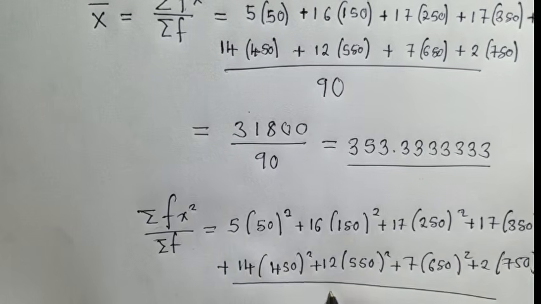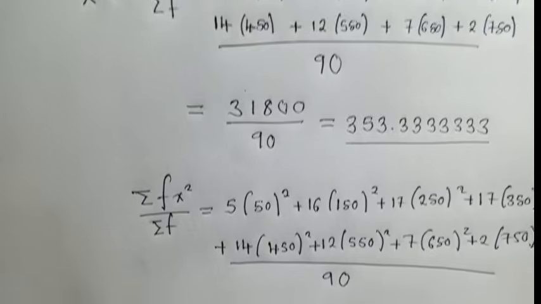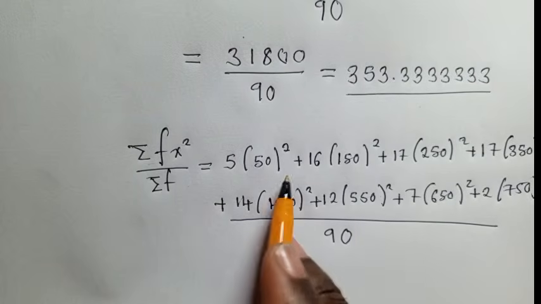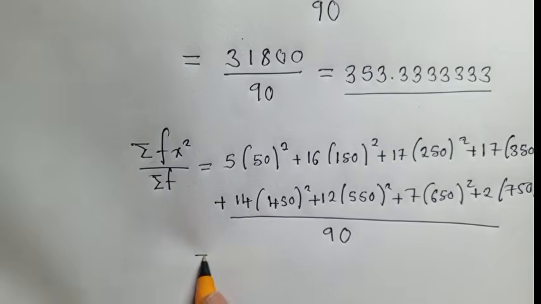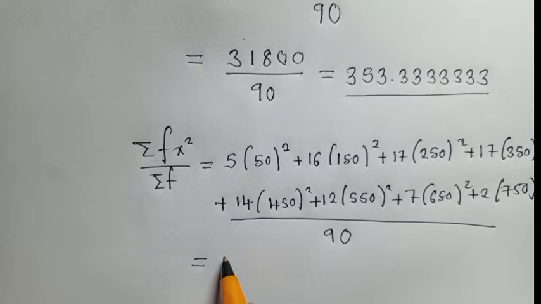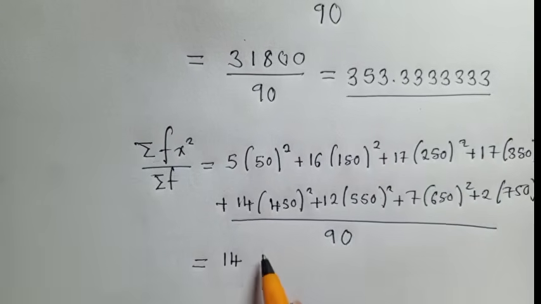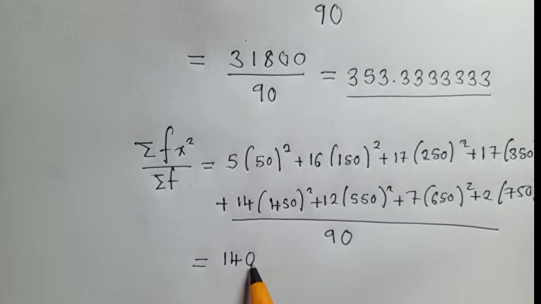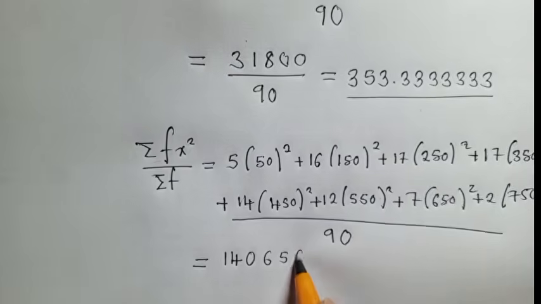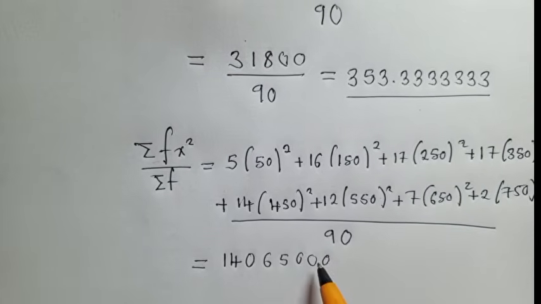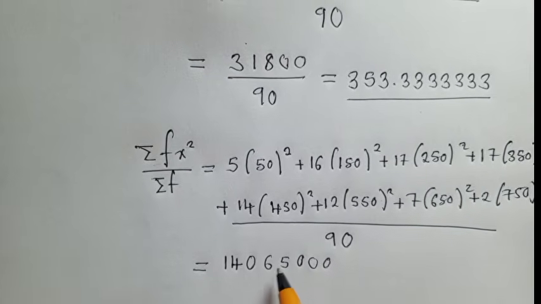Then we say everything divided by 90. So when we punch on our calculator like we did with the previous one, we are going to get this value. So we have 14065000, okay?